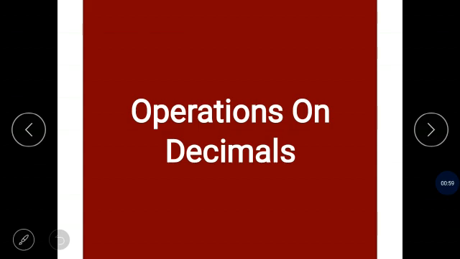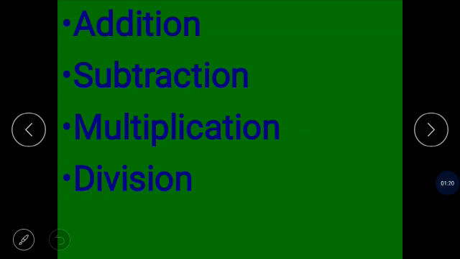Okay, operations on decimals. Do you know what the operations are? Yes, you all know, because you are applying them on numbers. Can anyone tell me the four basic operations? Yes, of course. These are addition, subtraction, multiplication and division.